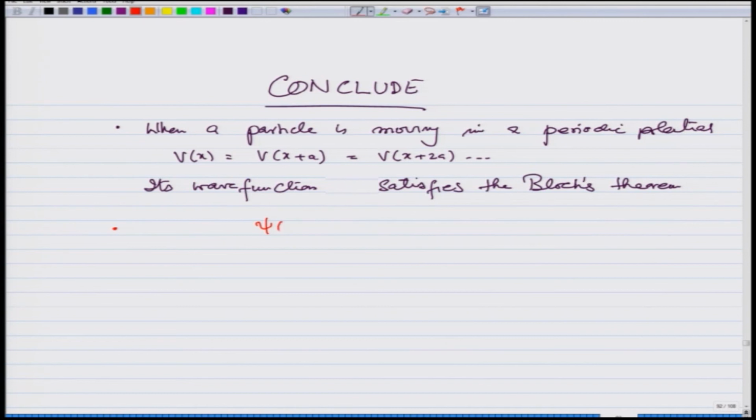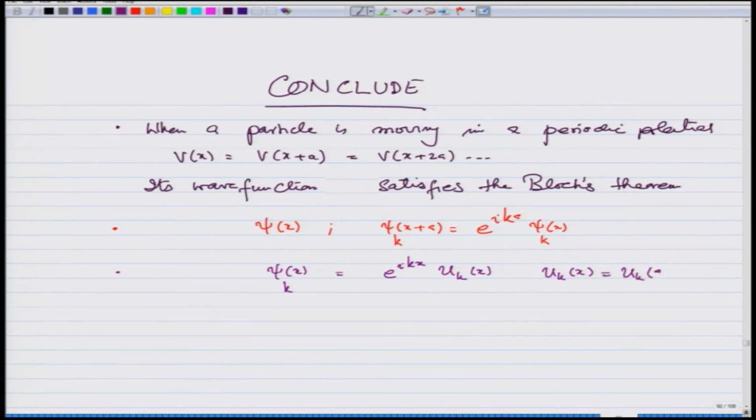So, psi(x) is such that psi(x plus a) is equal to e^(ika) psi(x), and we label this by k. This can be expressed in another form, that psi_k(x) is equal to e^(ikx) u_k(x), where u is also periodic, u_k(x plus a) equals u_k(x).